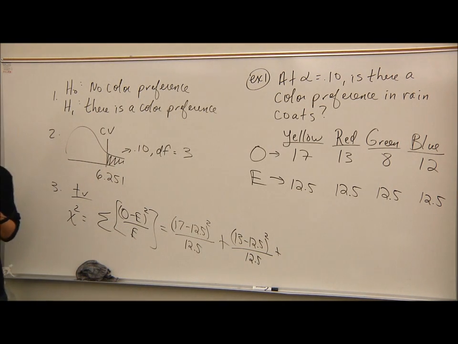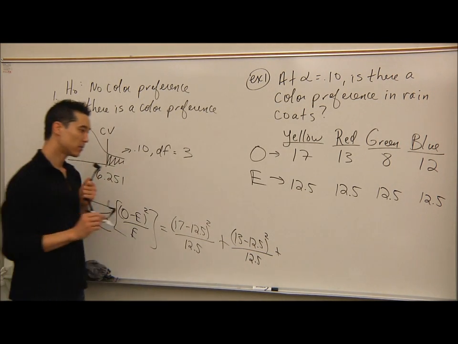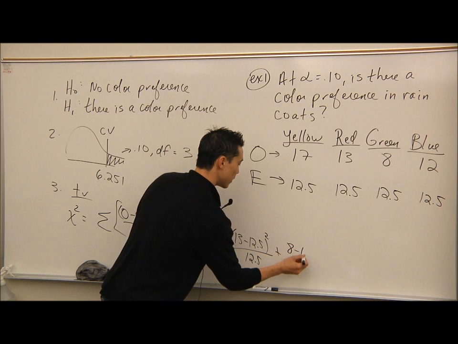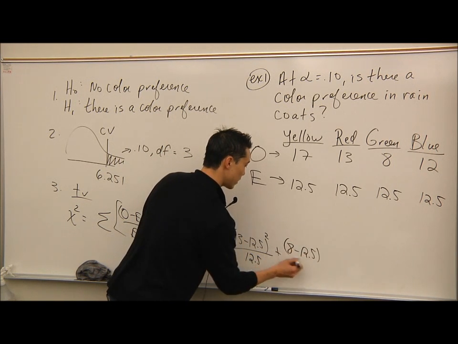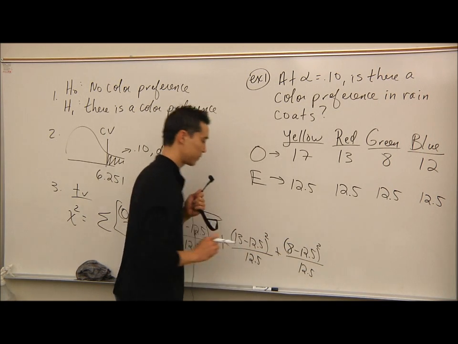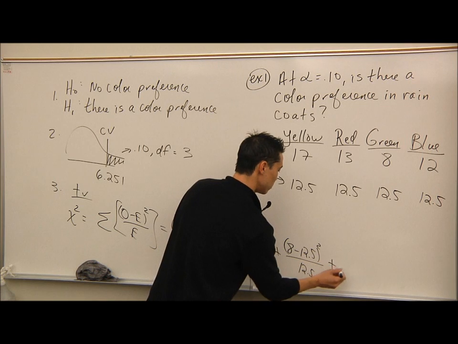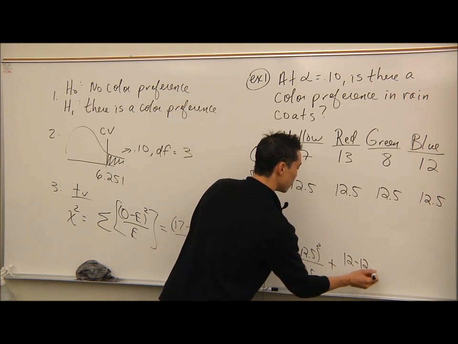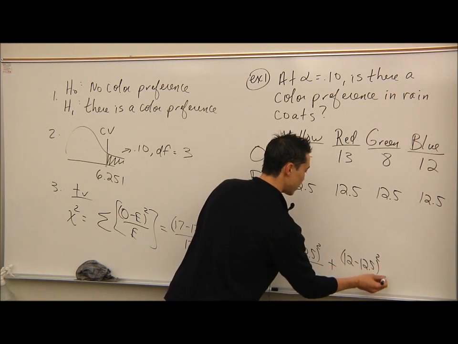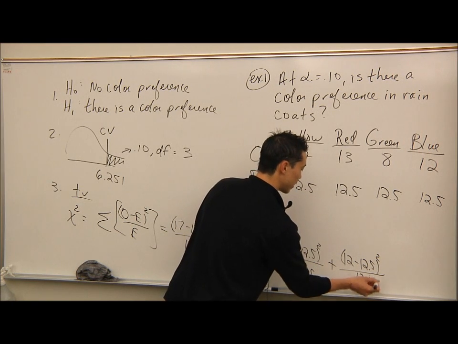Plus, move to green. We observed 8 green, so it's 8 minus 12.5 quantity squared over 12.5. And then finally blue, we observed 12 blue, so it's 12 minus 12.5 quantity squared over 12.5.